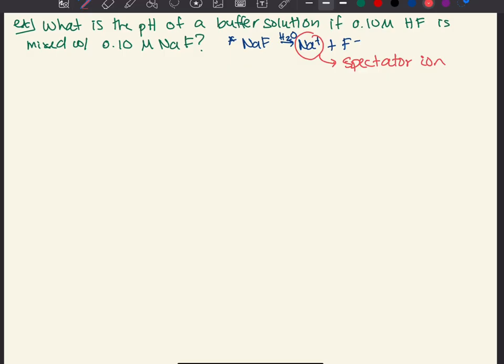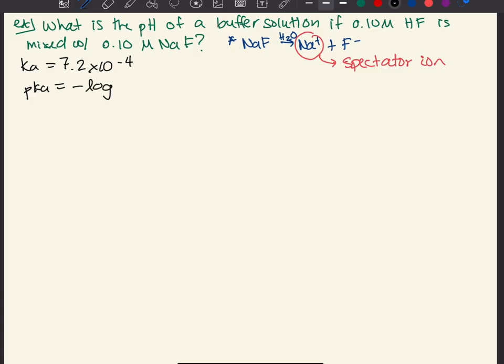So the first thing I need to do is look up my Ka for hydrofluoric acid, which is 7.2 times 10 to the negative 4. So I can use the Henderson-Hasselbalch equation to solve for the pH of this solution, but before I can do that, I need to calculate the pKa.